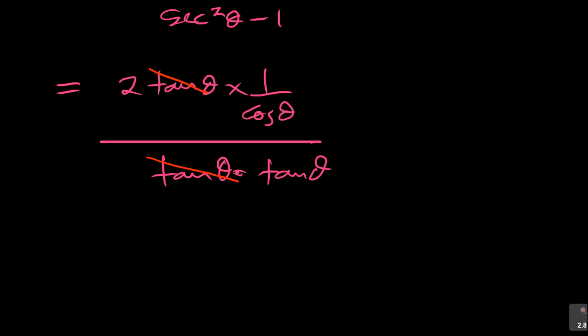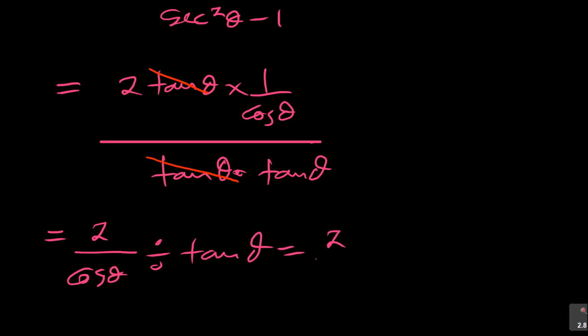Then from here, equal to, what do you have? I've got 2 over cos theta, and then divided by, I'm using now this division, divided by tan theta. Now I can convert that.